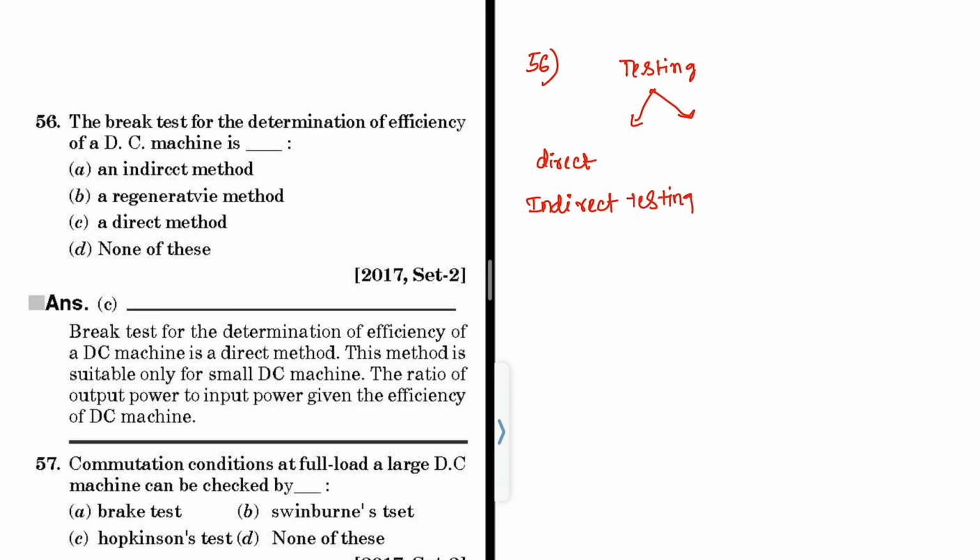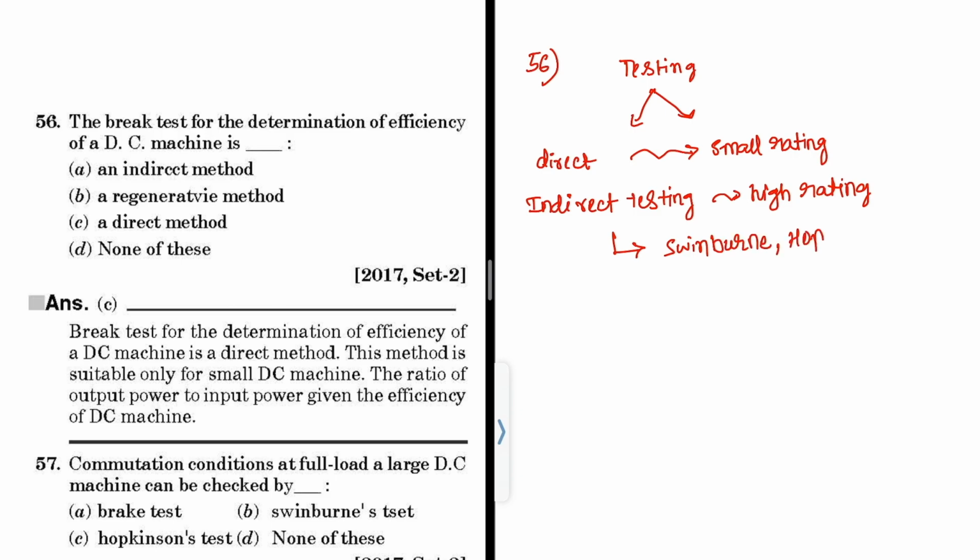Direct testing is for small rating machines. Indirect testing is for high rating machines. In indirect testing, there are two tests: the Swinburne test and the Hopkinson test.